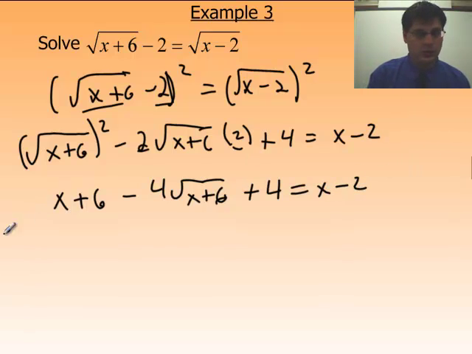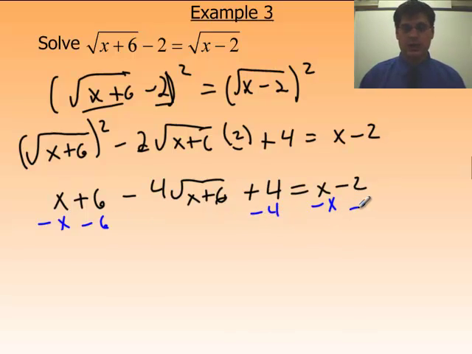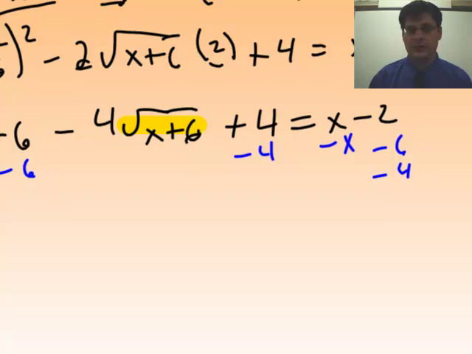Now I'm going to subtract x from both sides, as well as subtract 6 and 4, because what I want to do here is isolate our radical. We want to isolate this radical here so we can solve it. So then I'm going to rewrite this.